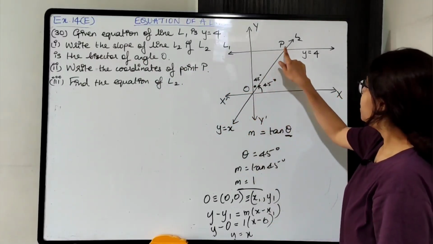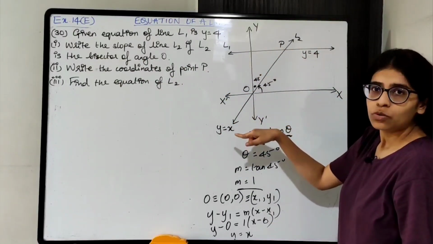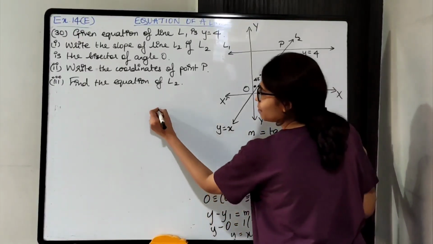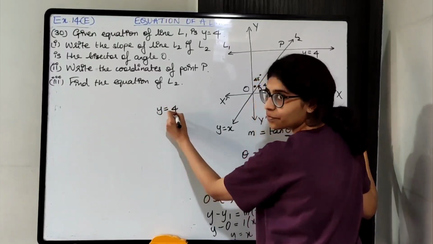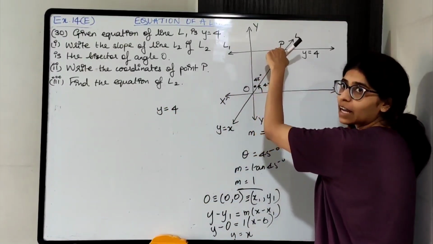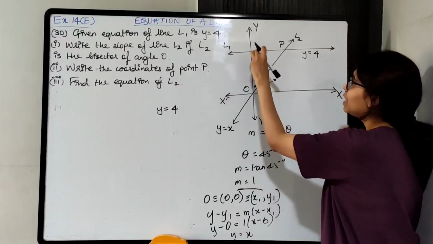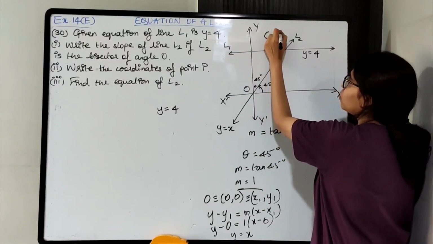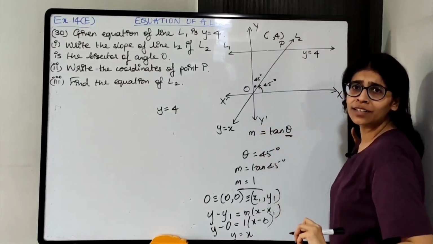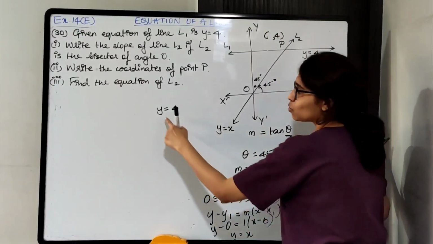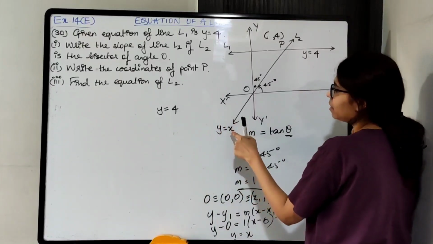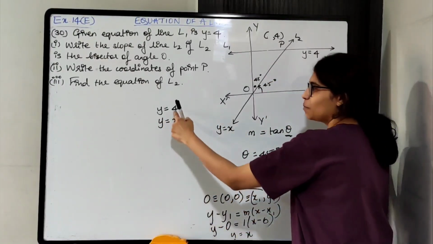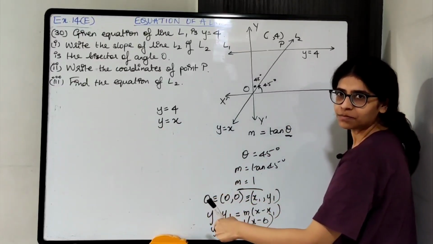Okay. P is the point of intersection of the two lines. So solving the two equations. First equation is y equals to 4. Okay, so P का y coordinate 4 होगा because it is lying on L1. So उसका y coordinate 4 ही होगा. X coordinate find out करना है. Okay, so y is 4 and other equation is y is equal to x. Put y equal to 4 over here, है ना?